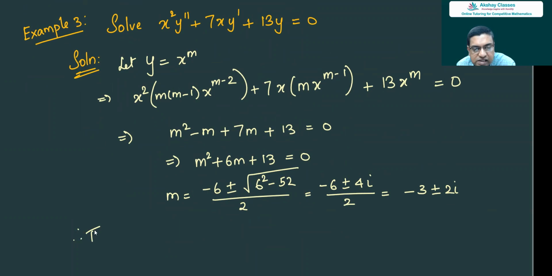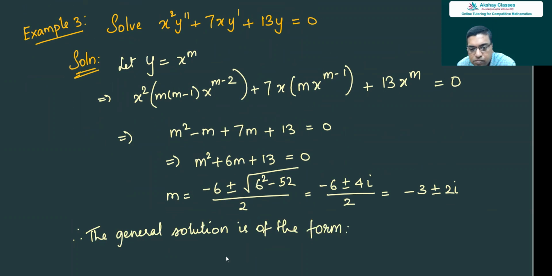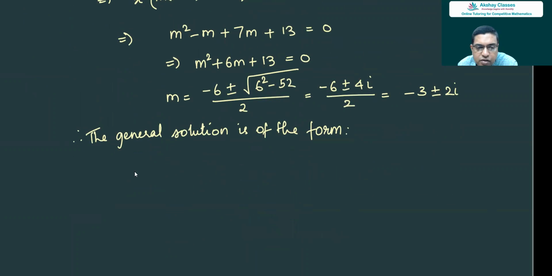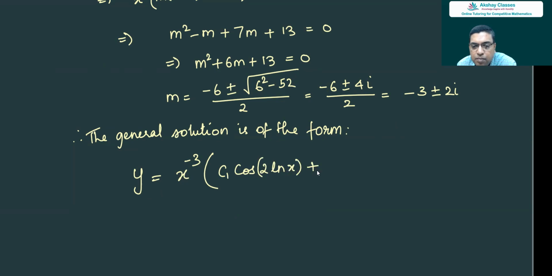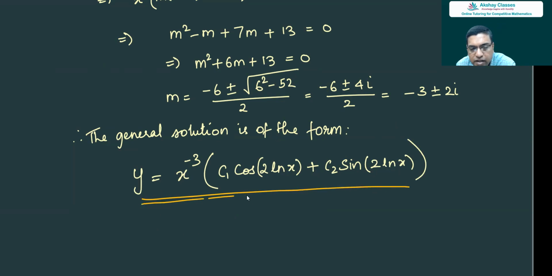Therefore, the general solution is of the form x to the power alpha, so x to the power minus 3 times c1 cos of beta log x, beta is 2, so cos 2 log x, plus c2 sine 2 log x. This is the solution.